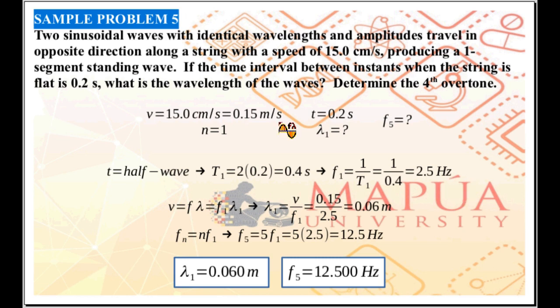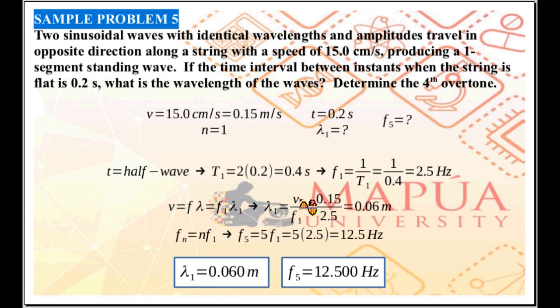And knowing the speed of the wave and knowing the frequency of the wave, we are able to determine the wavelength of the wave. This is still a periodic wave. For a periodic wave, V is equal to F lambda. You have F1, so F1 times lambda 1.